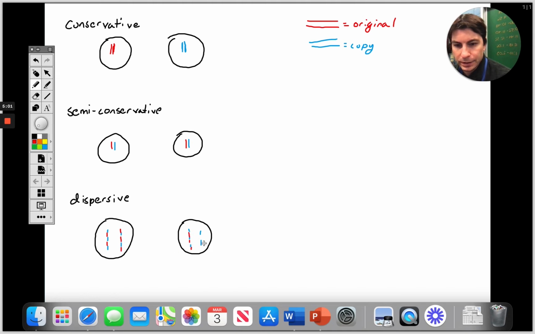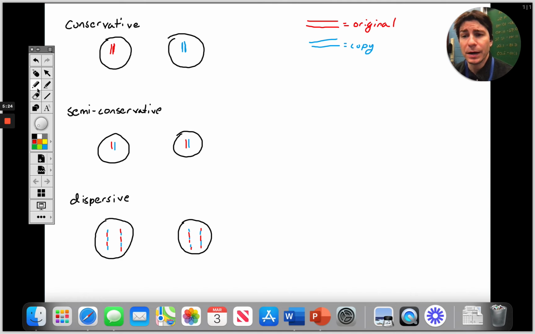Okay, so there you go with the dispersive, guys. It looks a little bit crazy. What's going on here is we have fragments of the original and the copy in each of the strands, okay?